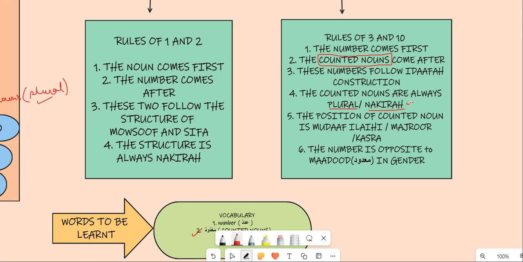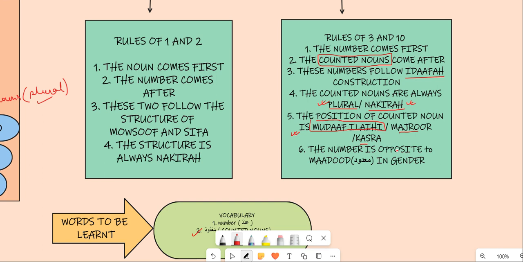So these 2 points are very important. And the position of the counted noun is mudaf ilayh. As you know, they will follow the idafa. So the counted noun will always take the place of mudaf ilayhi, and you know mudaf ilayhi is always majroor with kasra. So these are the main important points from the rules of 3 to 10.